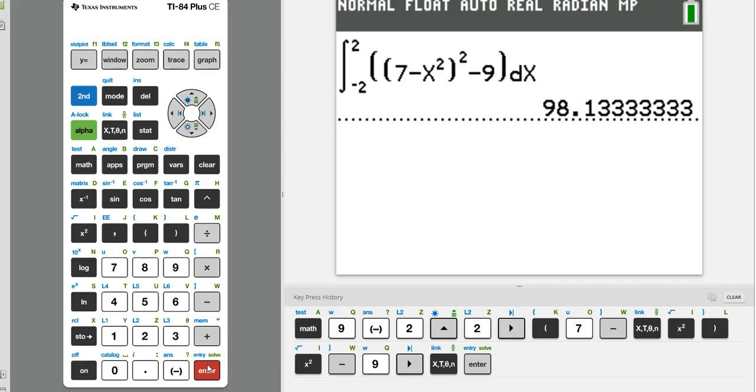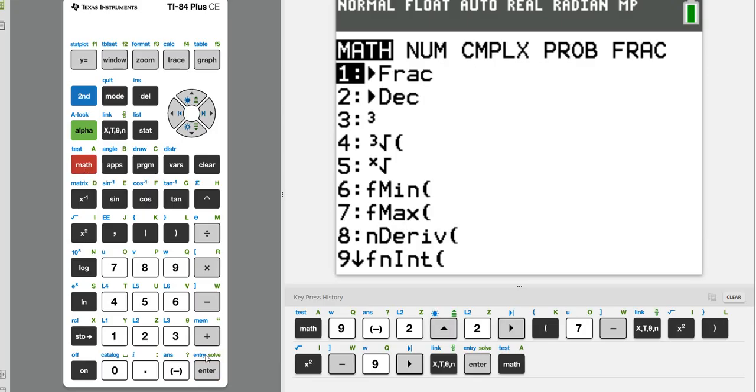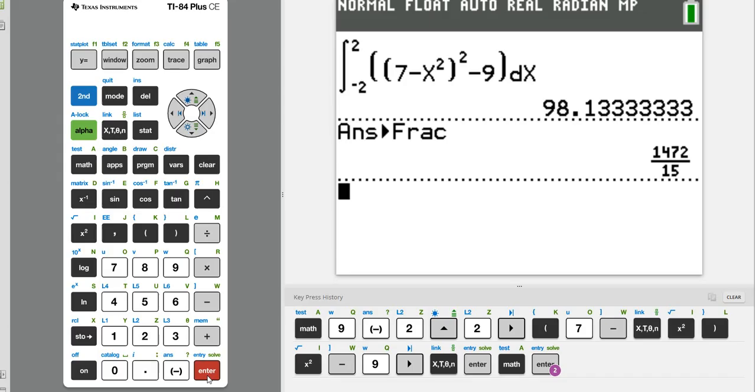Ooh, all right. Kind of a big one there. Wow, nice household number there for you. 1472 over 15 times what? Pi. Yeah, let's not forget the pi. So 1472 over 15 times pi. Nice.